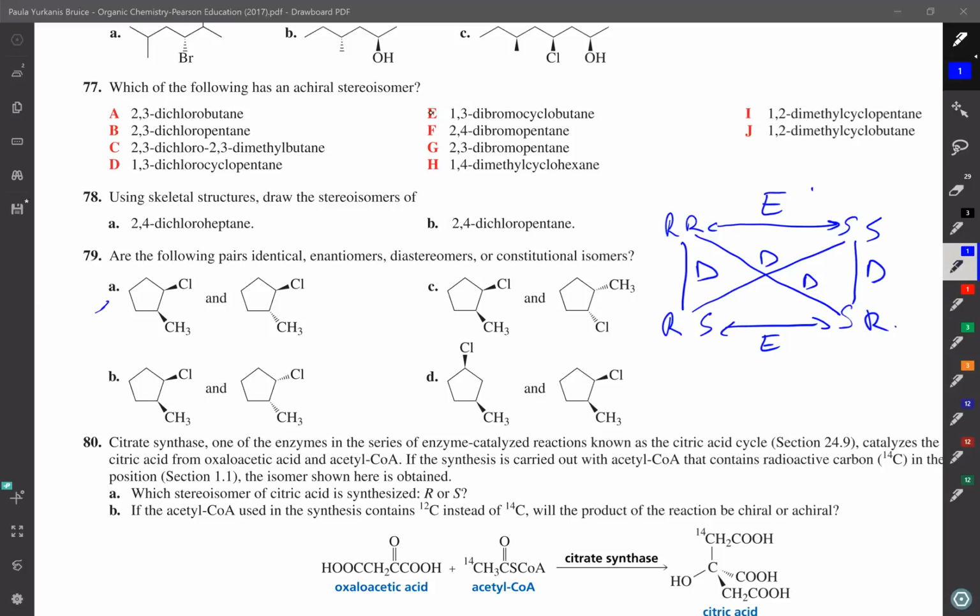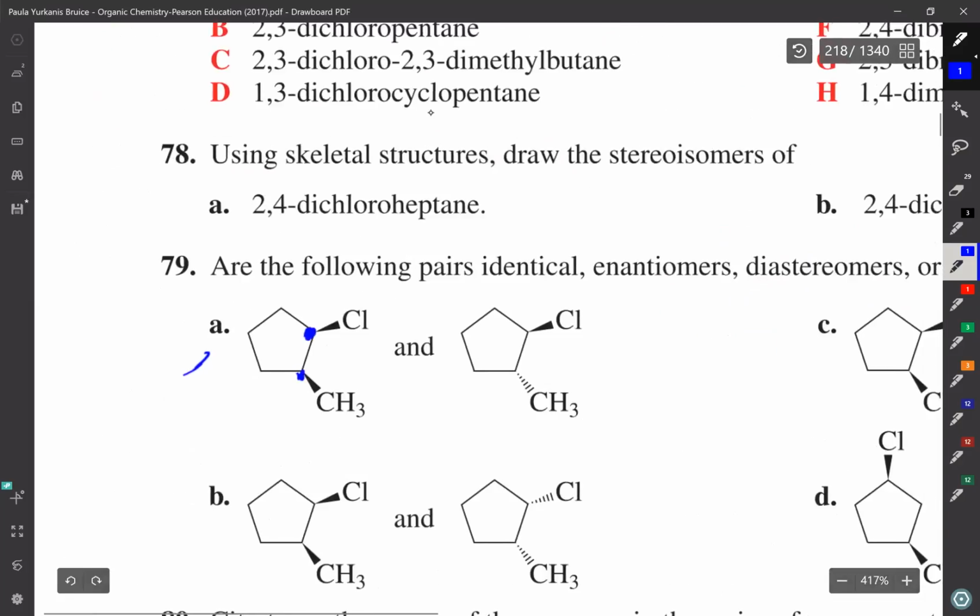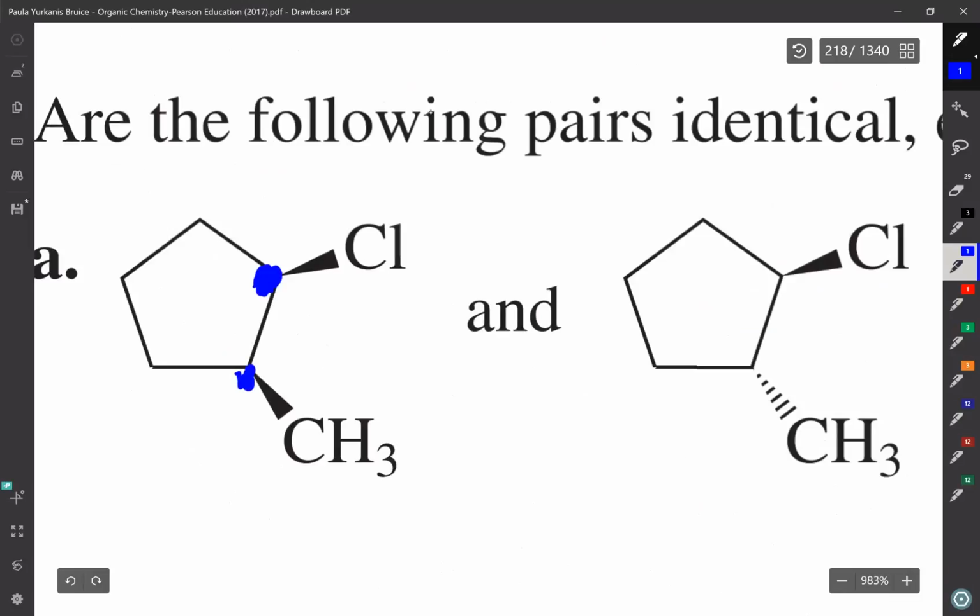Let's look at this chiral center here, and then we'll also look at that chiral center. Let's start with the first one. You'll notice that there is a bond that hasn't been shown, and that would be the broken bond that contains a hydrogen atom. Now, which one is priority one?